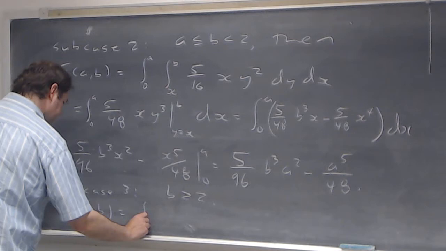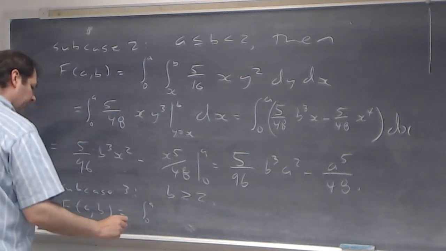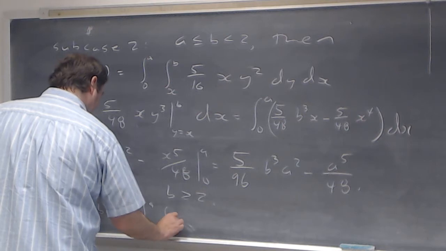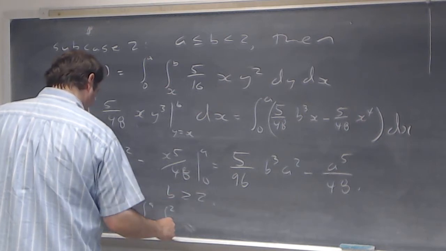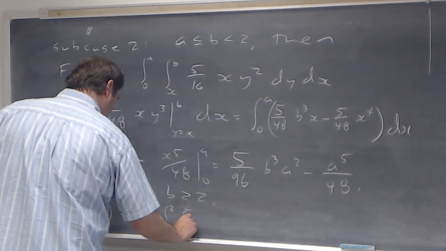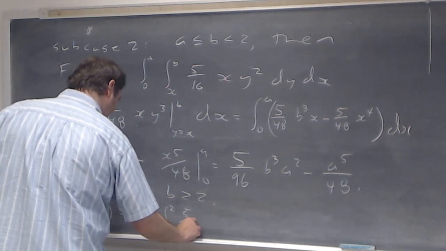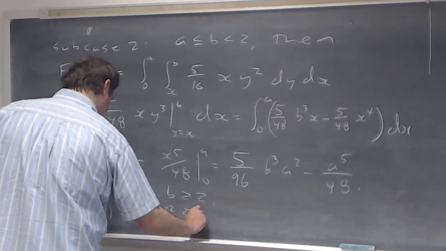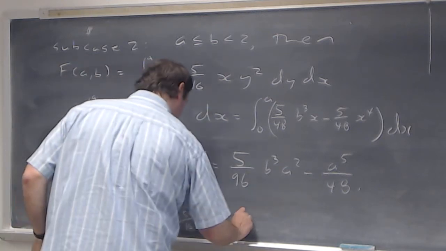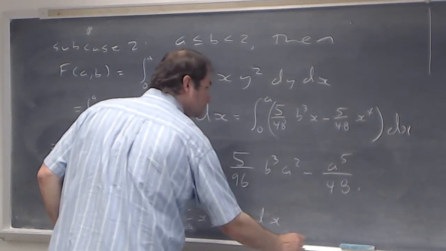So x runs from 0 to a, and then the y values will run from x up to 2, that's all we'll have to integrate over, of the joint PDF, so 5 over 16 x y squared, and here we're doing dy, then dx.